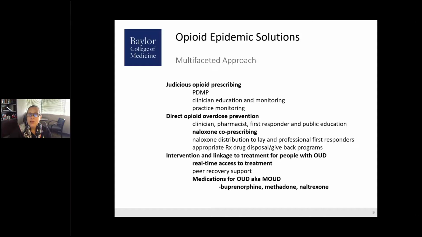And to do that, we have to have more providers trained to provide this care and willing to provide this care in their practice. And we do know that medications are the gold standard now for treatment of opiate use disorder. And we have 3 FDA approved, 2 of which can be provided right in primary care settings, buprenorphine and naltrexone. And again, those will be our focus next week at the Waiver primer training, and I hope to see you there.